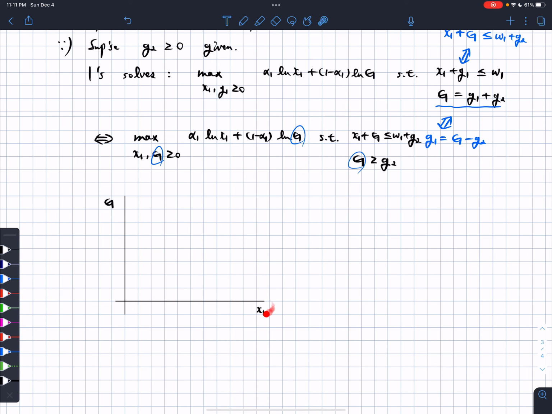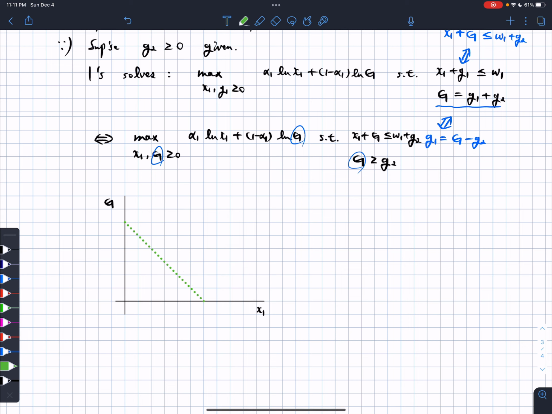here I have x1 on the horizontal axis and big G on the vertical axis. And this is the budget constraint, and it is just what? Here the prices are all 1, and therefore it is a line of slope -1 with this much intercept, right? So first let me indicate it with this dotted line.